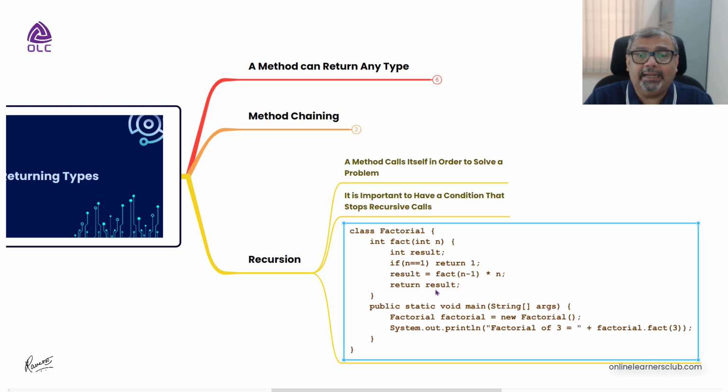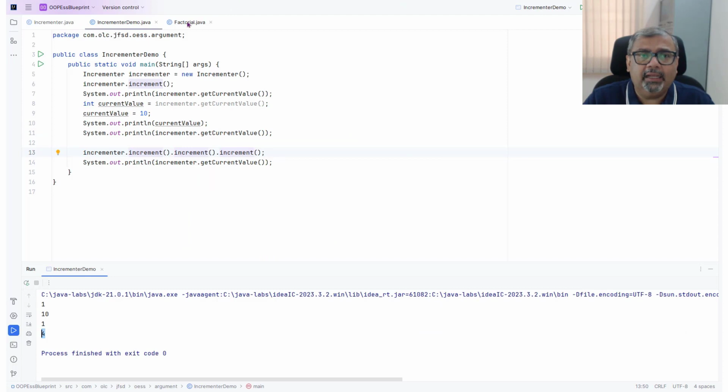Okay, and then return the result. This is the place where it is invoked multiple times till it reaches the end condition, which is 1. If it is 1, then it will just return 1, and thereby you get the factorial of the particular number. This is a classic example we've been using in other programming languages also, and in this example we have seen how to implement this in Java.